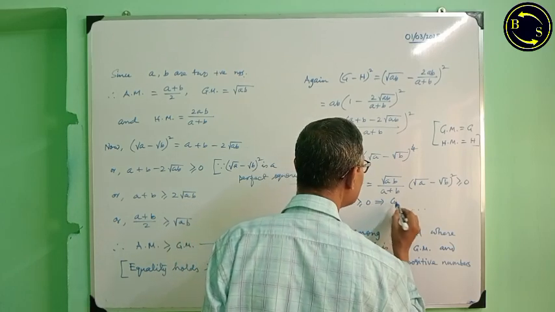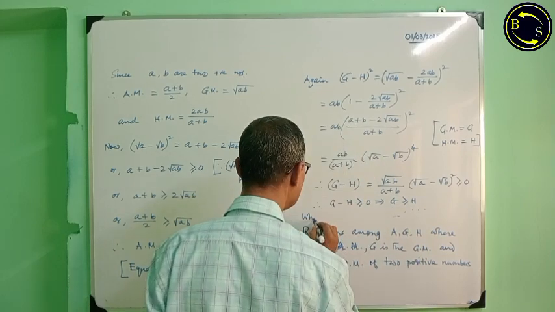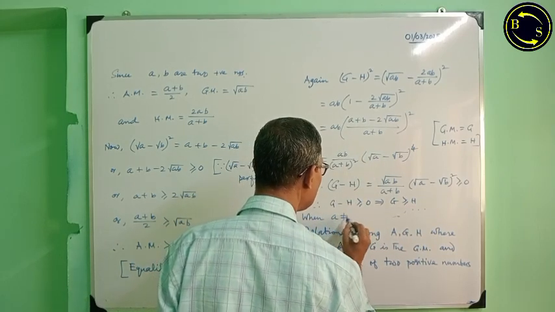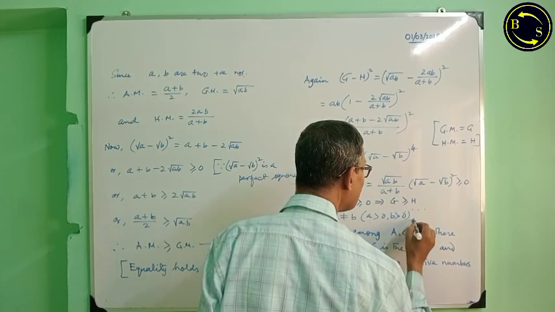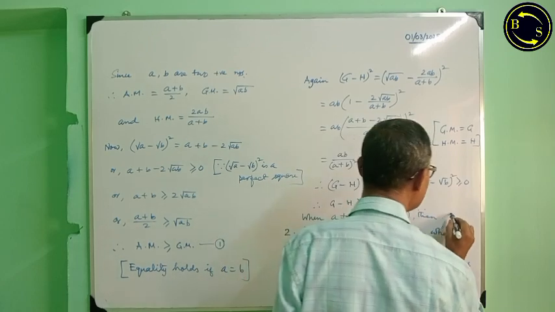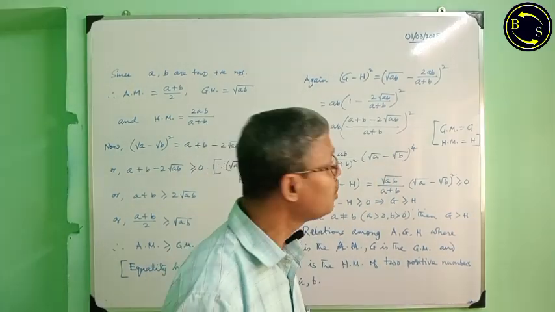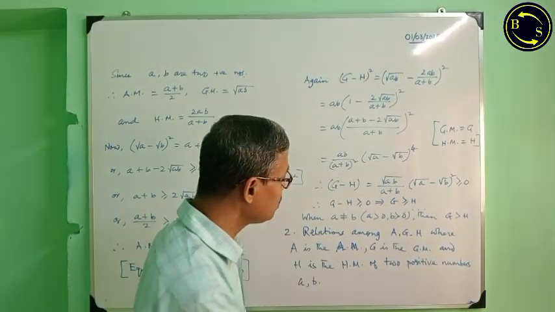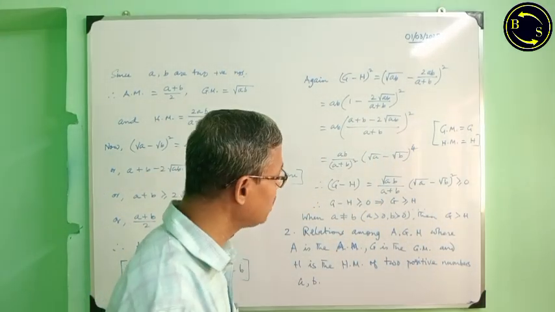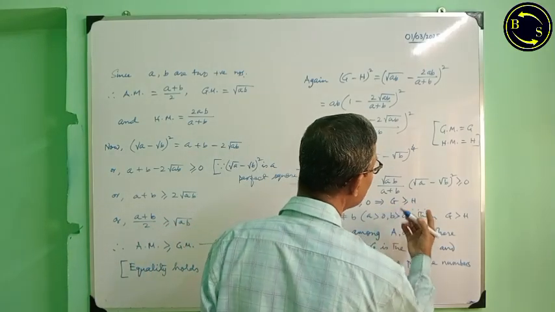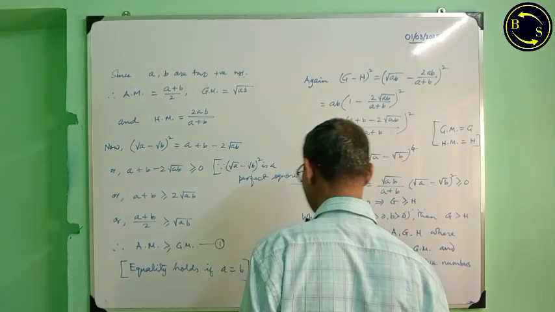From that, G is greater than or equal to H. When A is not equal to B, A positive, B positive, then G is greater than H. Actually when A, B are unequal, of course both positive, then G will be greater than H, and if A, B are equal, both positive, then G will be equal to H. Combining those two, we conclude G greater than or equal to H.